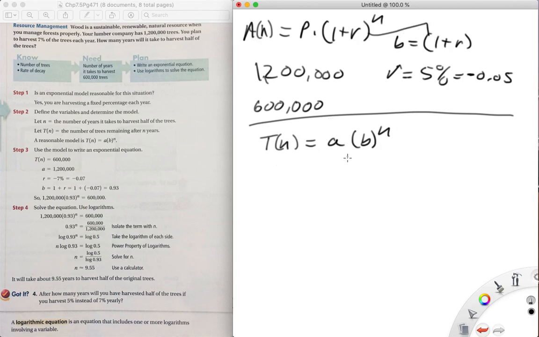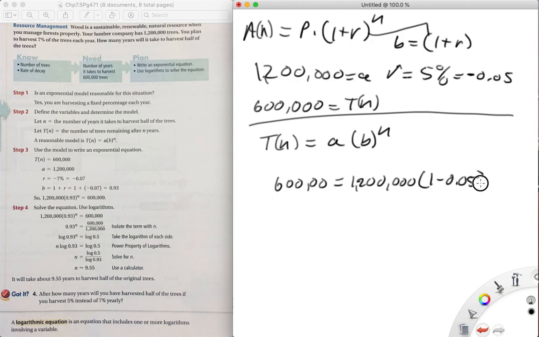So when we plug in all the numbers, it's going to be 600,000 equals the initial amount of trees, which is A, and this is T of n. 1.2 million times 1 minus 0.05 raised to the n, and that's the n that we're looking for.